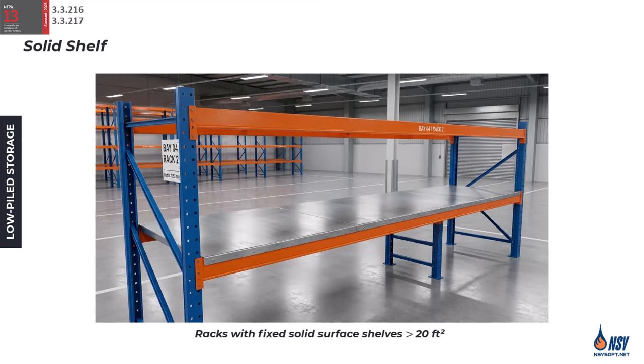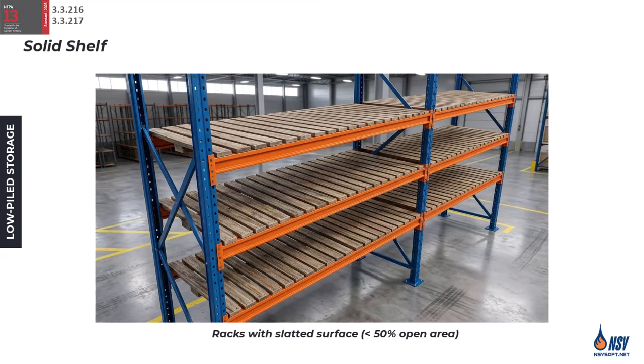Conversely, solid shelves are defined by a shelf area greater than 20 square feet without proper flue spaces, or shelving that has less than 50% open area. Because solid shelves delay heat from reaching our sprinklers and block water penetration, they often require us to install in-rack sprinklers to adequately protect the lower levels of our storage.